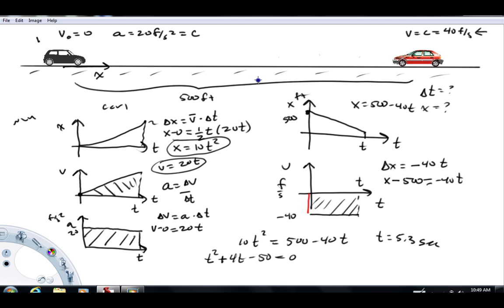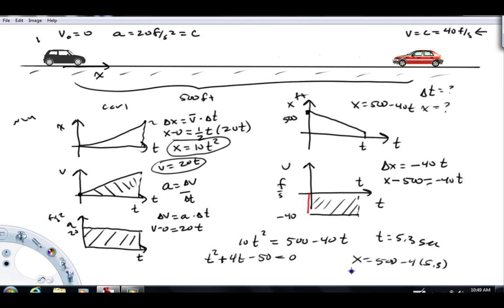We can calculate the x-coordinates using either of the 2 equations that we found. I'm going to just use this one. X is going to equal 500 minus 40t. I'm just going to note that the units are consistent. All right, and I got x equals 288 feet.